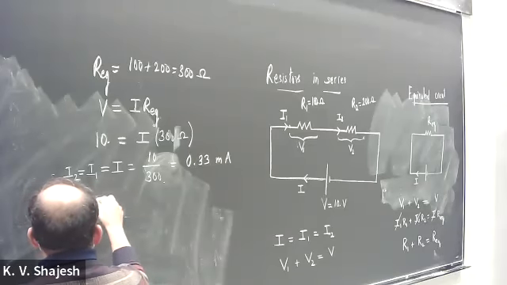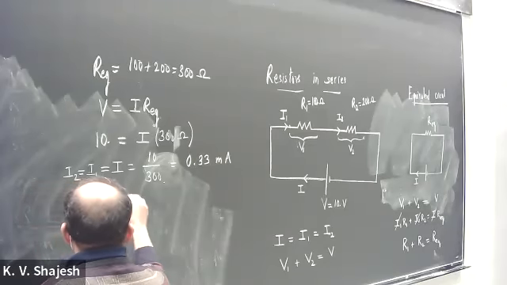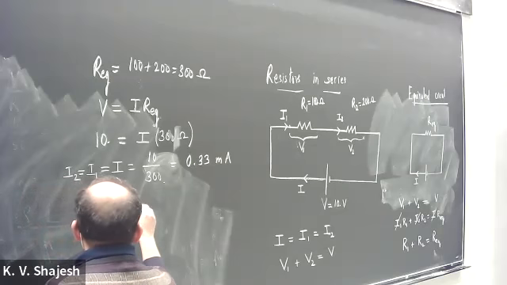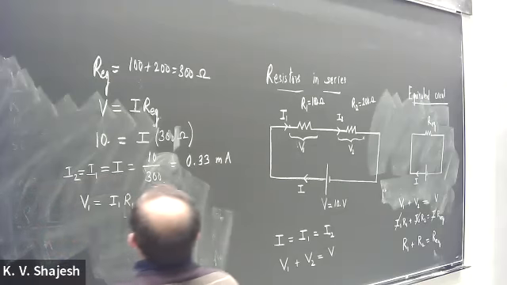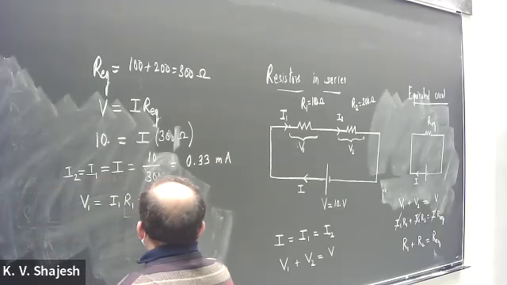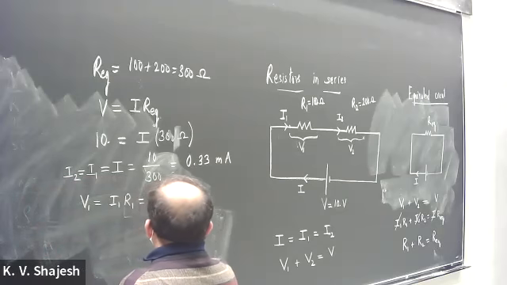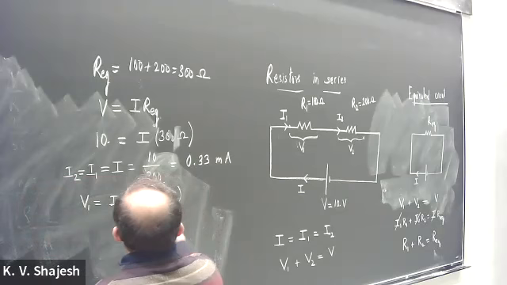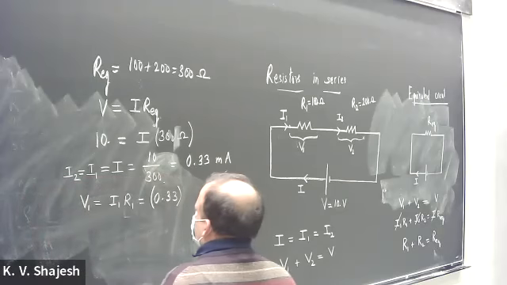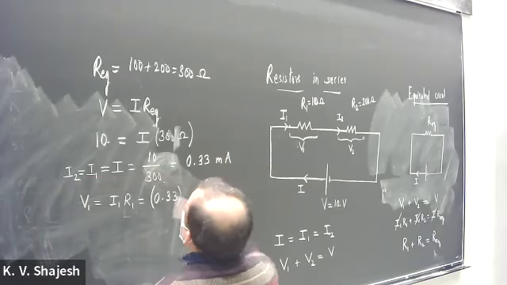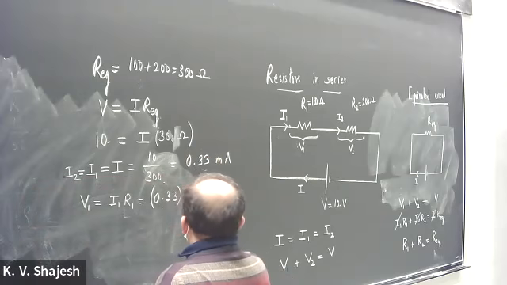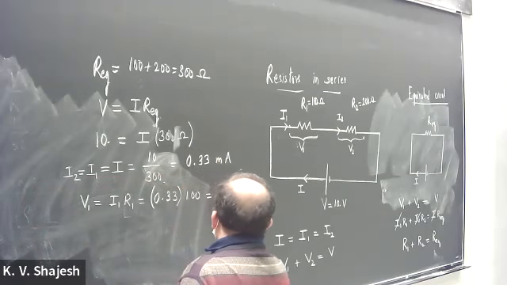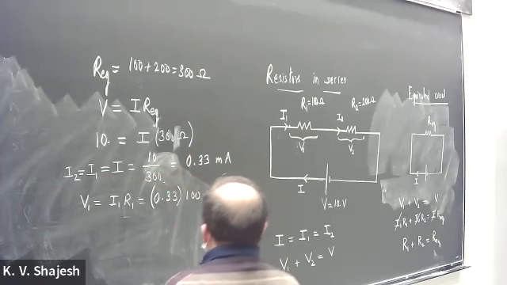So V1 is equal to I1 times R1. I1 we now know is 0.33 times R1, that's 100. So that's 330 ohms. So 330 volts. Again, there's something wrong.